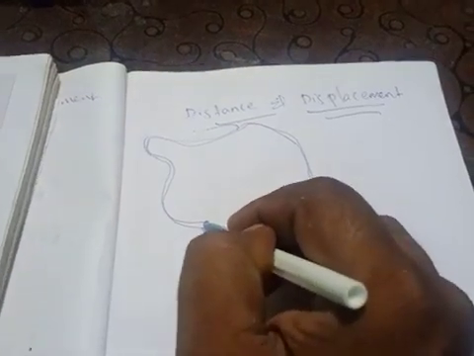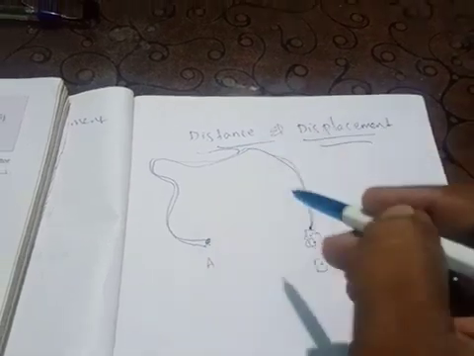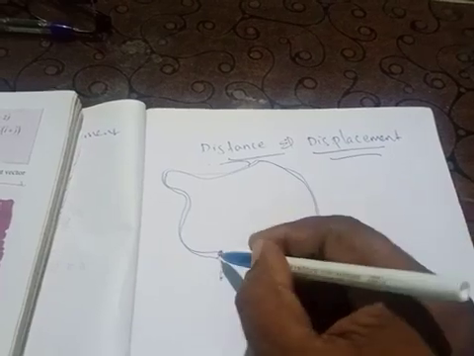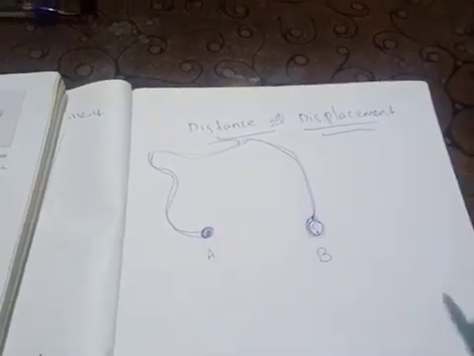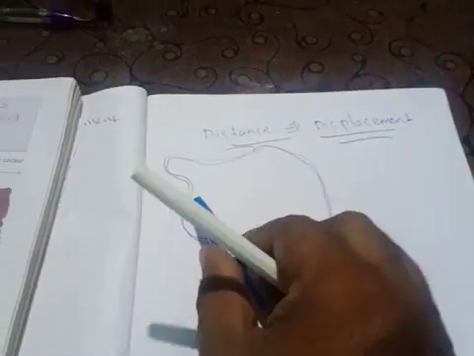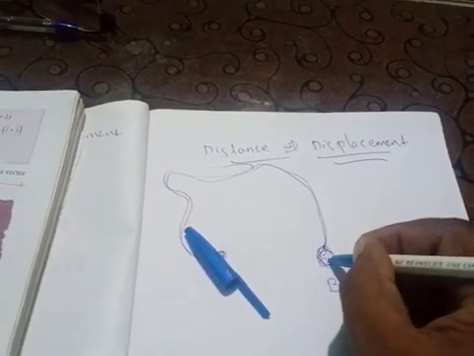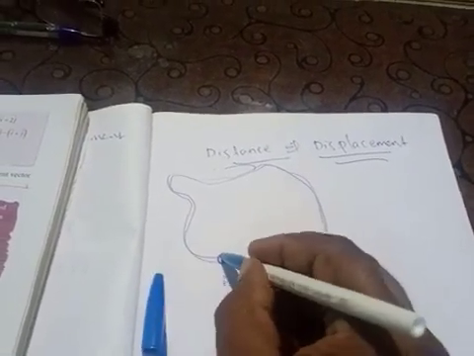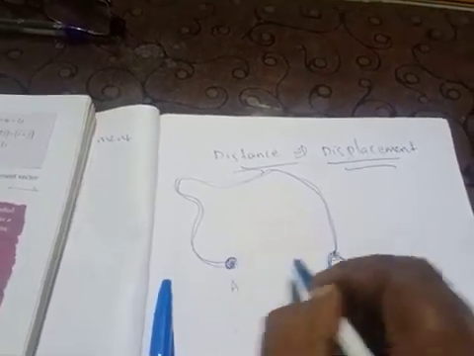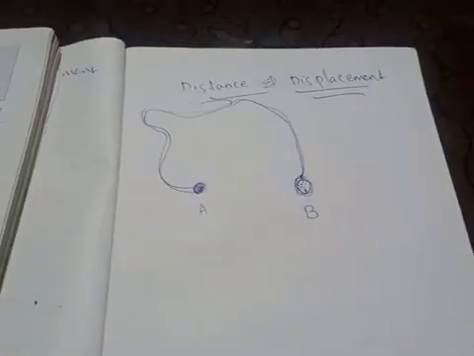And this is what we call distance. And displacement: this is the initial position and this is the final position. There is a difference between this initial position and this final position. This difference between the final position and initial position is what we call displacement.